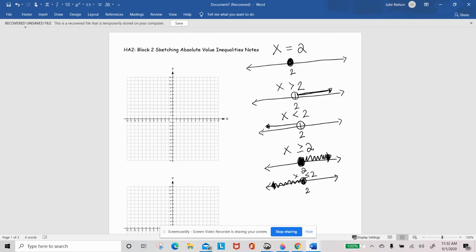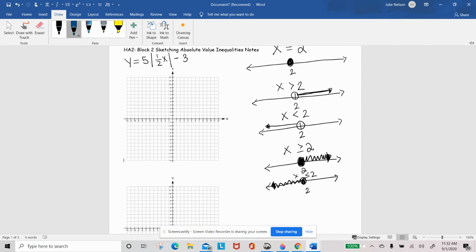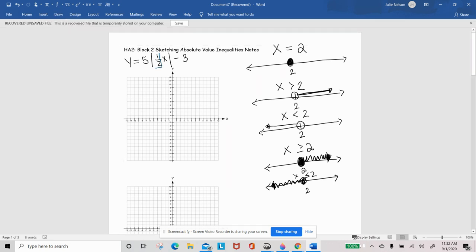So when we sketch something like y equals 5 times the absolute value of 1/2 x minus 3, first thing you want to do is rewrite this, because you can't have this half inside.